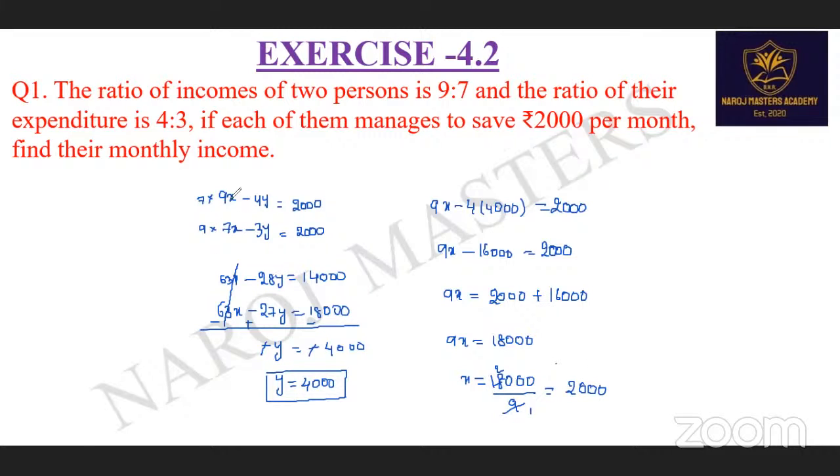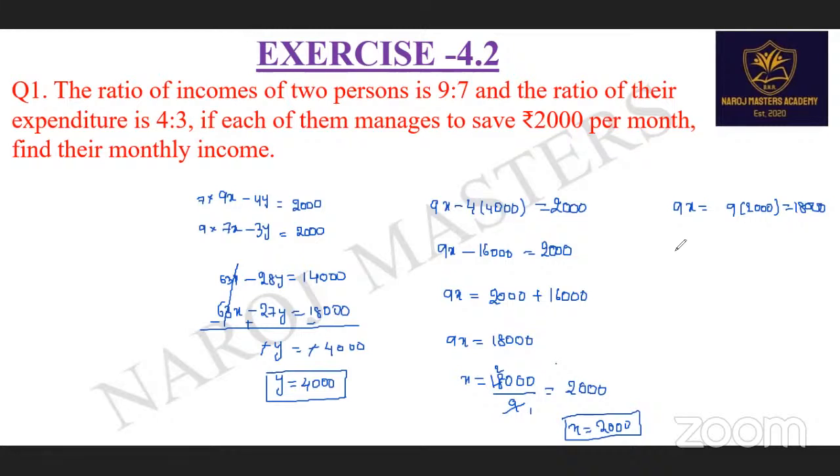So what is x here? Income. So what is the income of the first person? First person income is 9x. Here x is equal to 2,000. So how much is the first person income? 9 into 2,000, that equals 18,000.